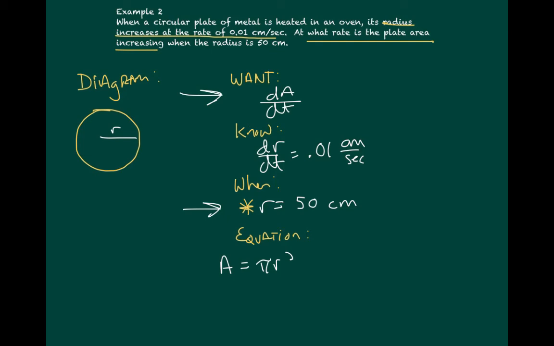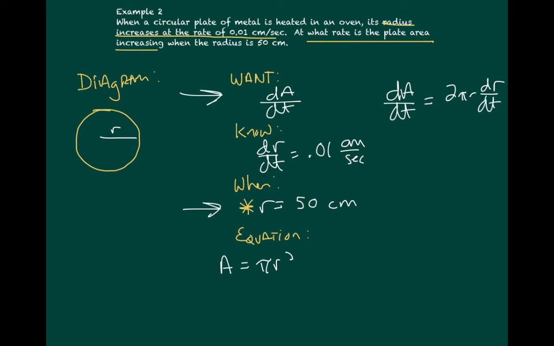Otherwise, you've made r a constant, and there is no rate of change of a constant. So we never plug in until after differentiating. An important point. So I'm going to take the derivative, and so the derivative of area with respect to time is dA/dt, and that's going to equal 2 pi r dr/dt.